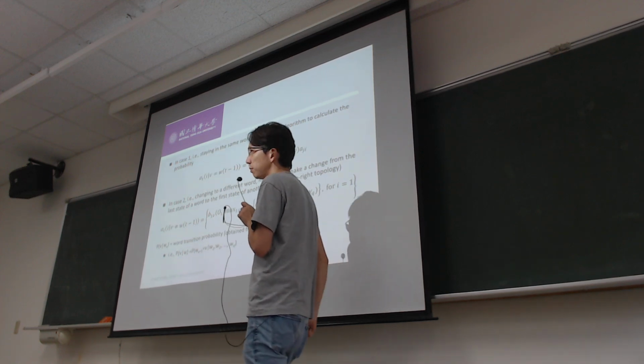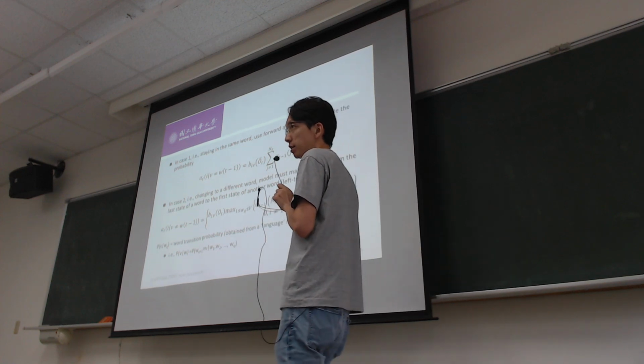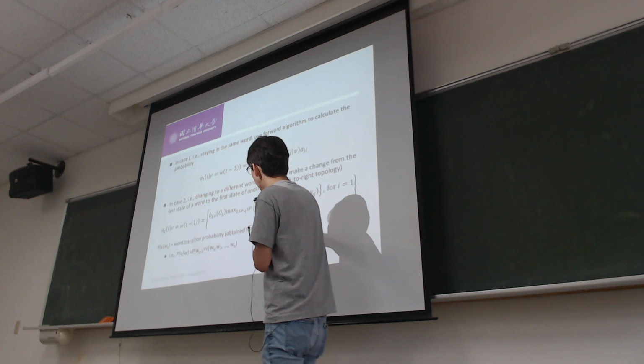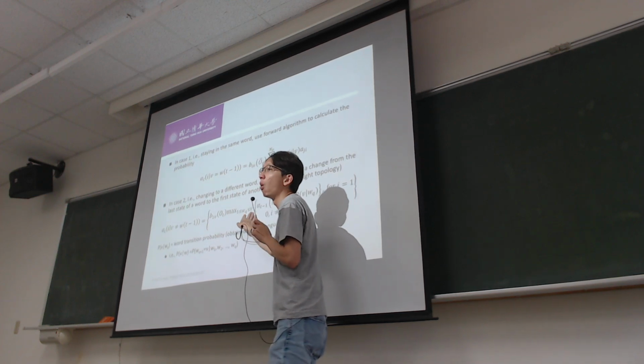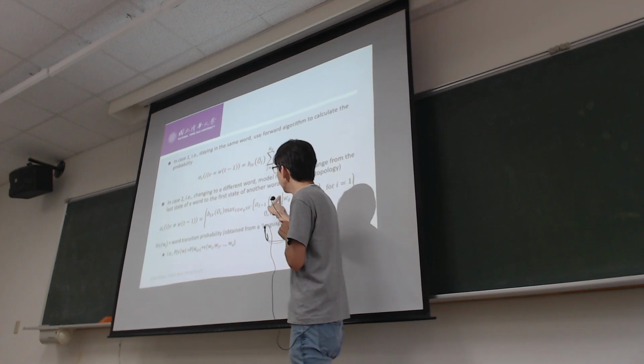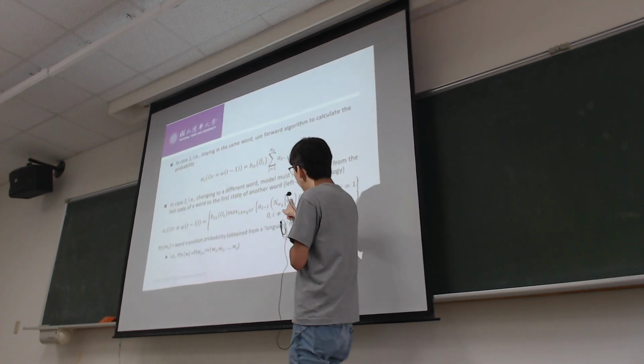So if your previous model at this particular time is not the same model as this time, then you have basically V1B. Again, you look at the maximum over all other models, that are not the same model, and that are in the last state of their model.